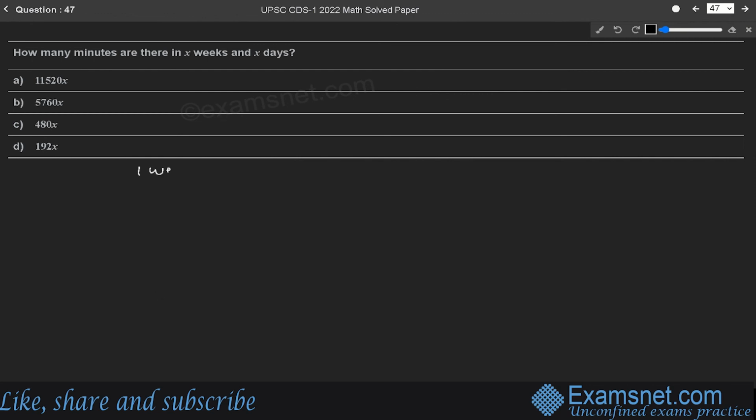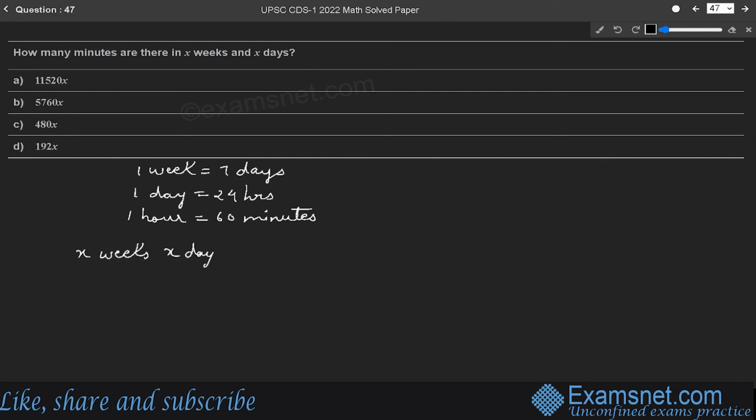We know that 1 week is equal to 7 days, 1 day is equal to 24 hours, and 1 hour is equal to 60 minutes. Now we have to find total minutes in x weeks and x days. So for x weeks and x days, we will have x into 7 days plus x days.